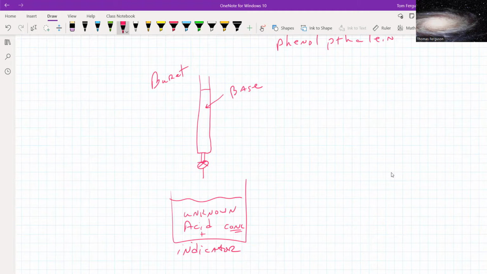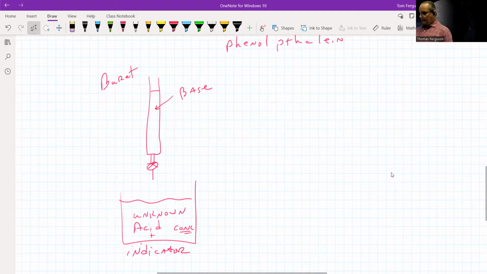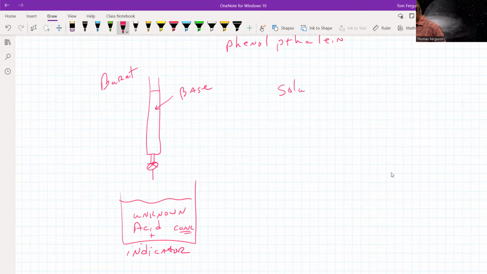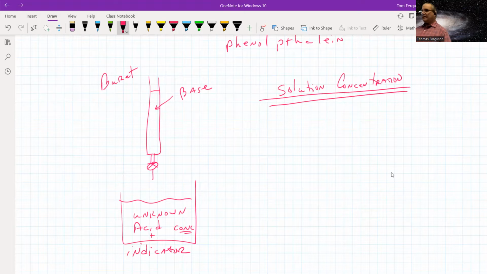Now, you need to know a little bit more about solution concentrations to figure out your concentration. Solution concentration is given as moles per liter.